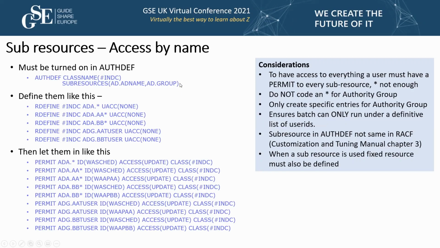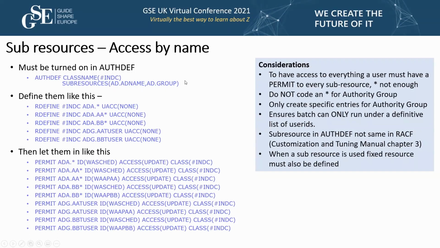The first thing I will say, which confuses me and confuses everybody, is that this is what they're called in the auth-def statement, but in the actual rules, ad.ad_name is ADA, ad.ad_group is ADG. Why they're different, I'm not 100% sure.